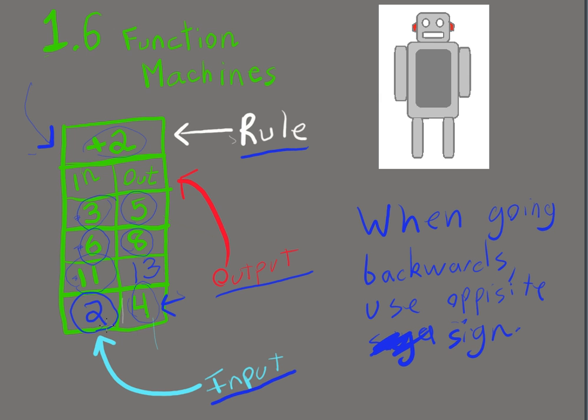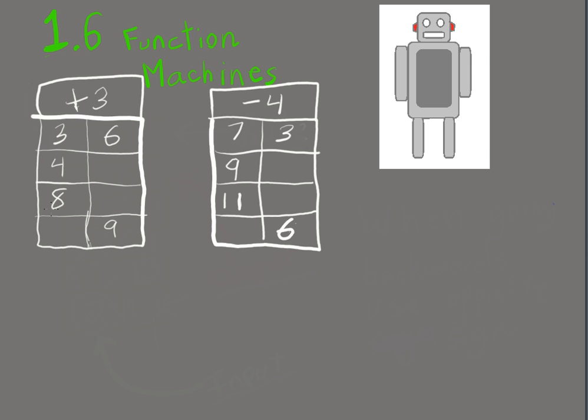I'm going to put a few up here for us to practice. Okay, let's look at our two examples here. You see in our first function machine, we have +3 for our rule. Here's our input column. And here's our output column.